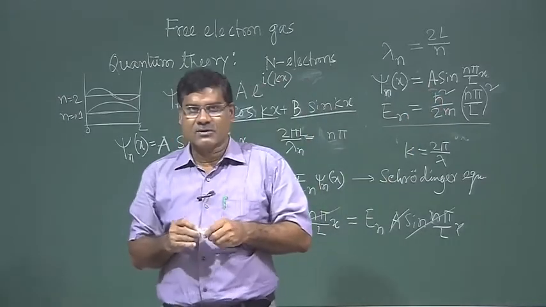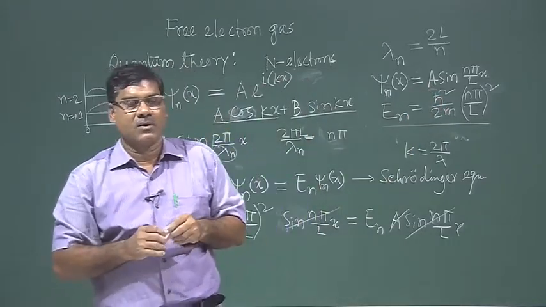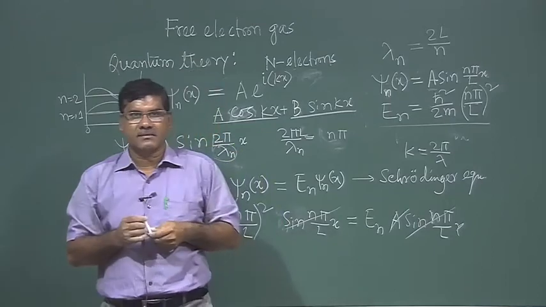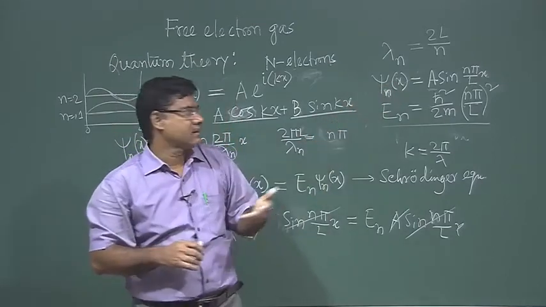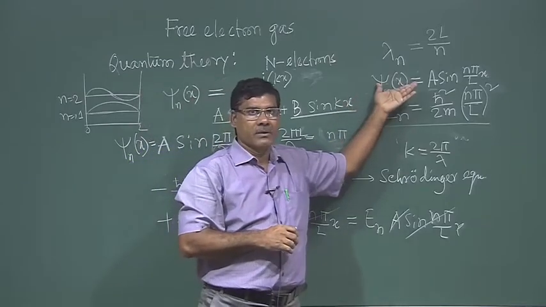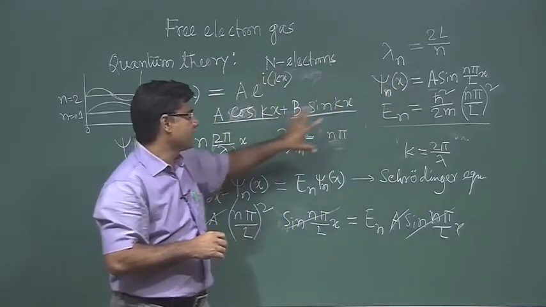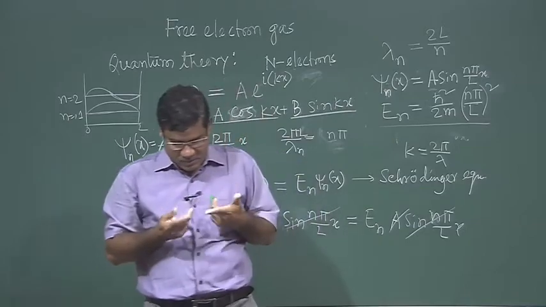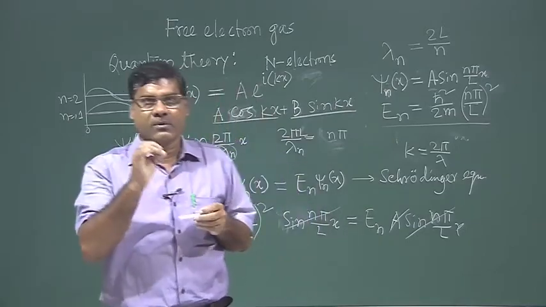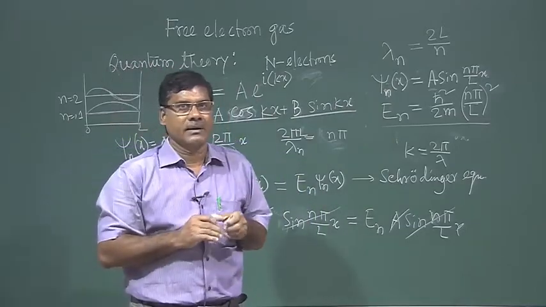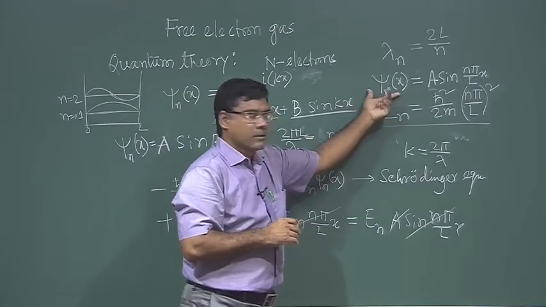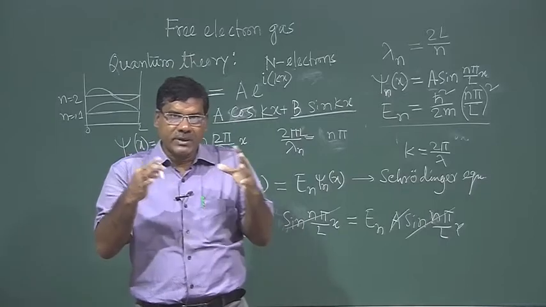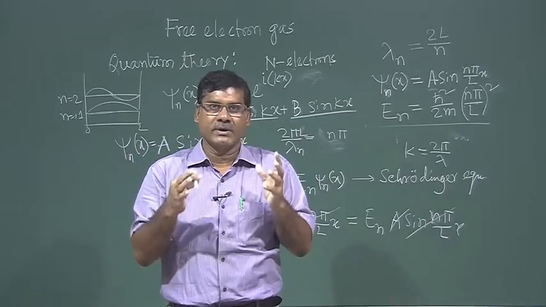So, one can find out this A; that one has to normalize. What is the normalization? Basically, this psi n is representing one electron. Here we have considered the state for one electron, which will be within the box, within the metal.